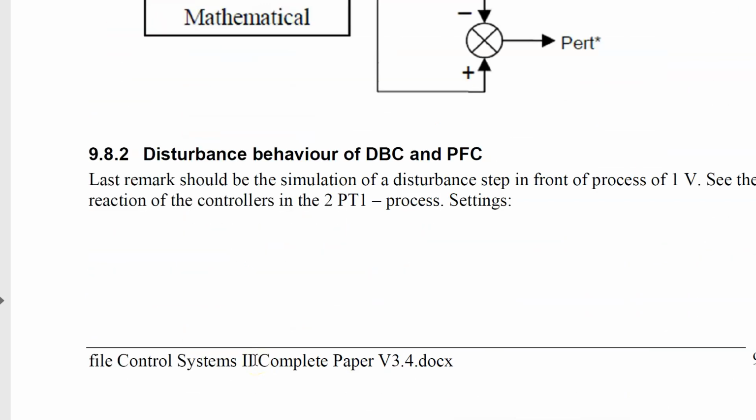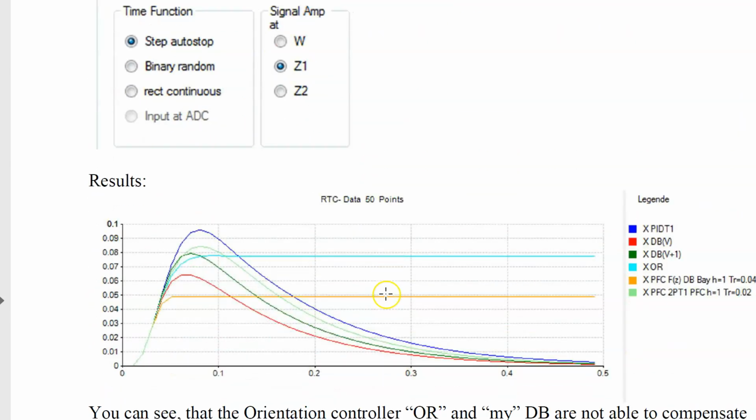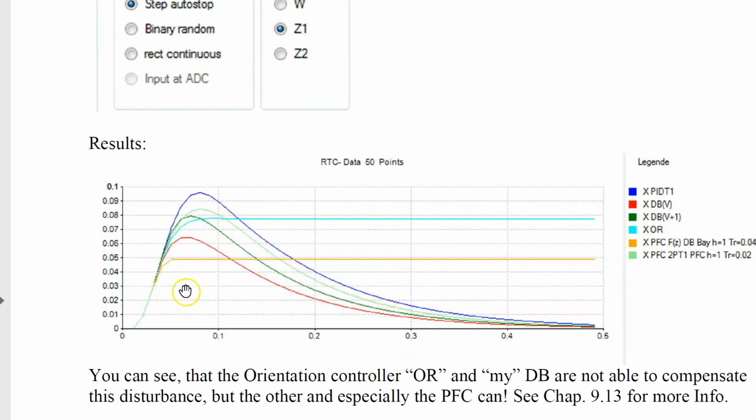Another addition I want to show you as a curve in the paper is the disturbance behavior. We have done this in previous experiments, but here is a last view on the disturbance response. If you set the amplitude of your step to 1, the controller has to remove the disturbance and set the output to 0.